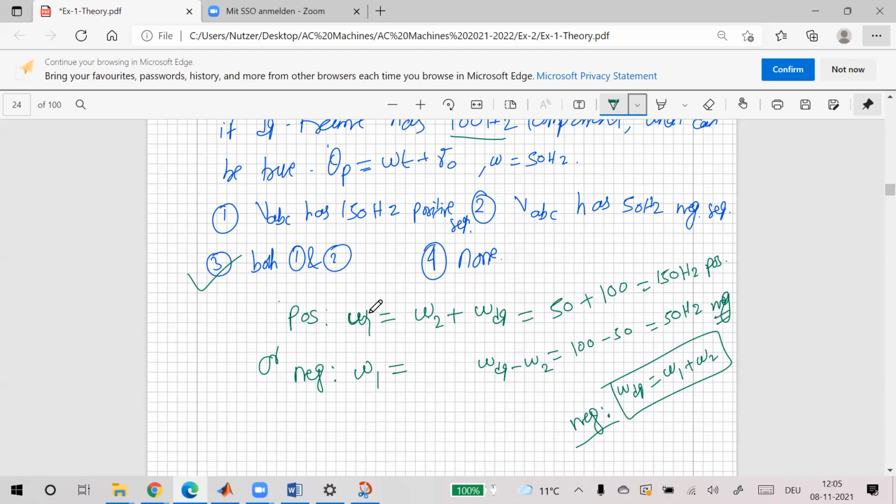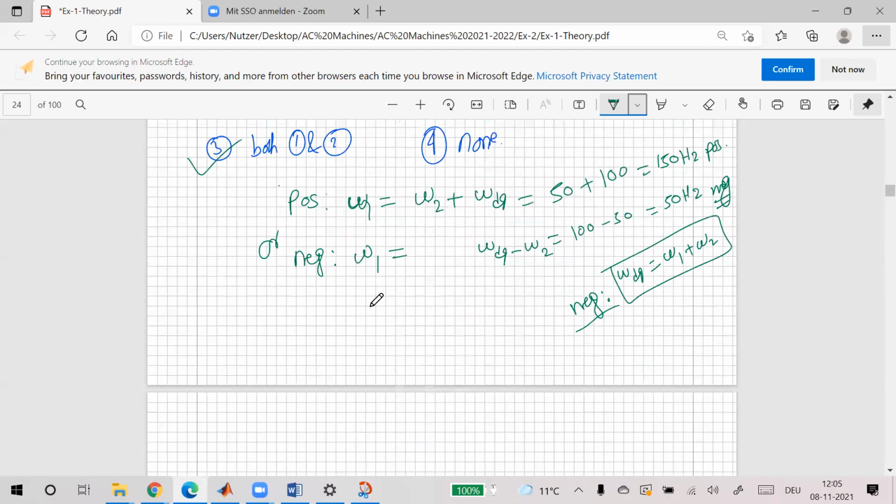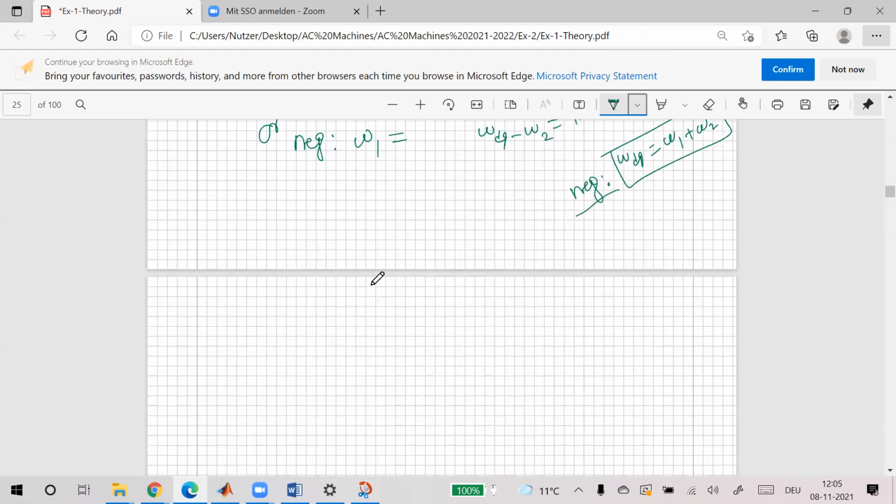You can cancel that. That's a good point, and that is also used for Park transformation. If you go further, you will see the Park transformation for positive sequence and for negative sequence. If you want to control negative sequence, then you need the negative sequence value, so you can use the negative sequence Park transformation.